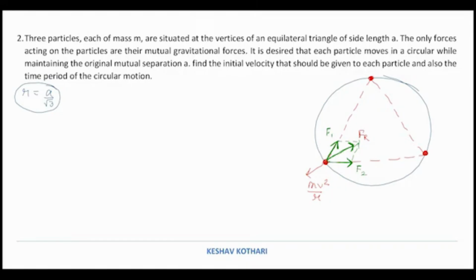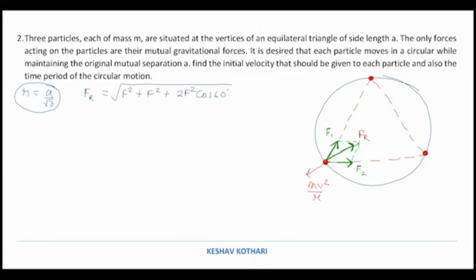So this is the working process which we will be opting for. The first thing we calculate is the value of the resultant gravitational attraction of the two masses. Since F1 and F2 are the same, I am calling it F. So we write it as the square root of F square plus F square plus 2F square cos 60 degrees.